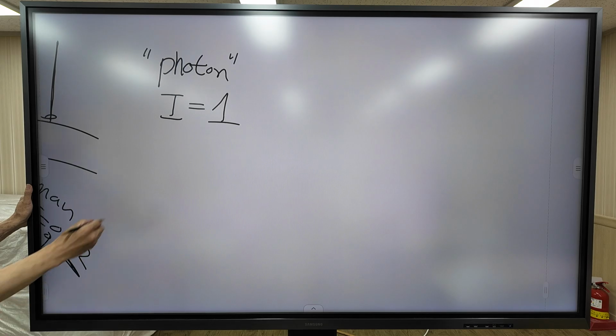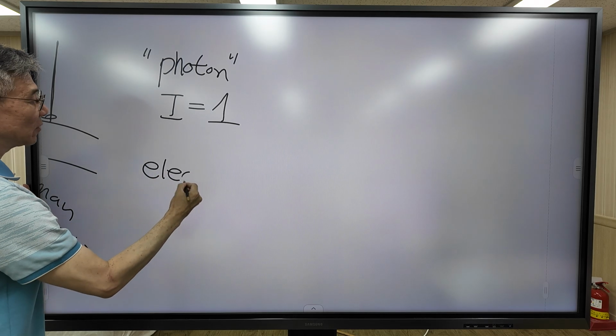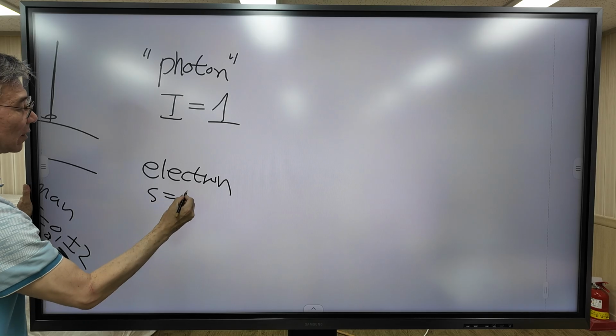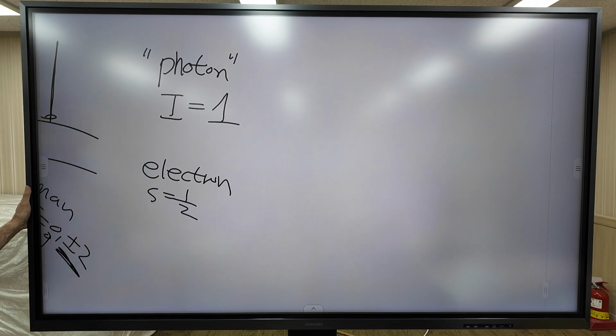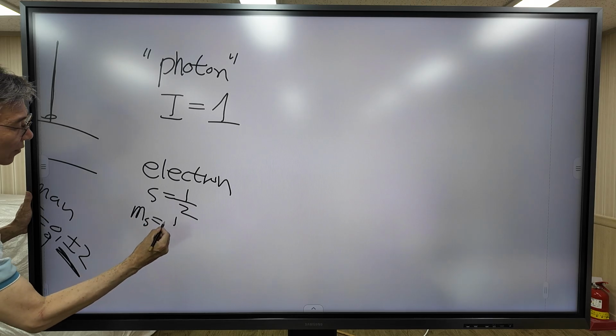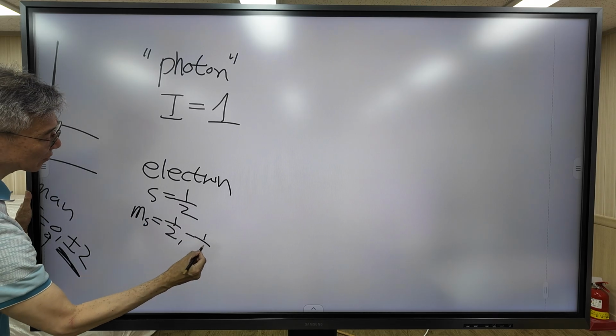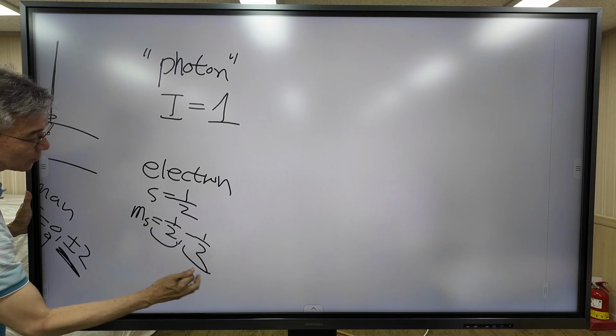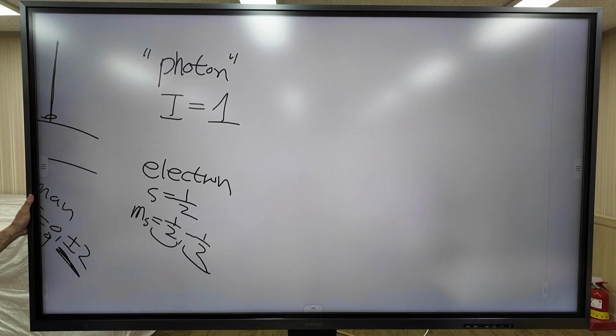As you know, electron has spin quantum number. What is the spin quantum number of electron? It is 1 over 2. And given S, we can define MS. MS can take two values, 1 over 2 and minus 1 over 2. This spin state is called up spin. This spin state is called down spin.